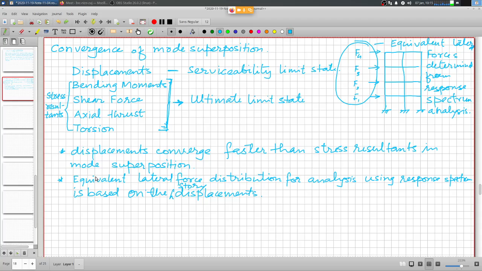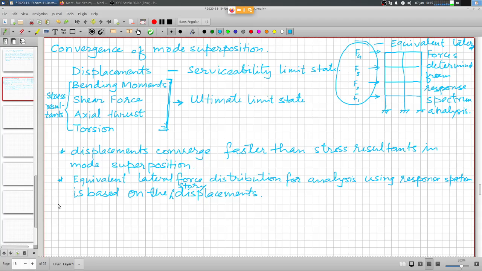So displacements obviously converge very quickly, and we may be tempted to stop the mode superposition much earlier. But unfortunately, it is the forces in the members that we are looking at, and those stress resultants in members converge at a much slower rate than the displacements, and higher modes contribute significantly to the member forces.